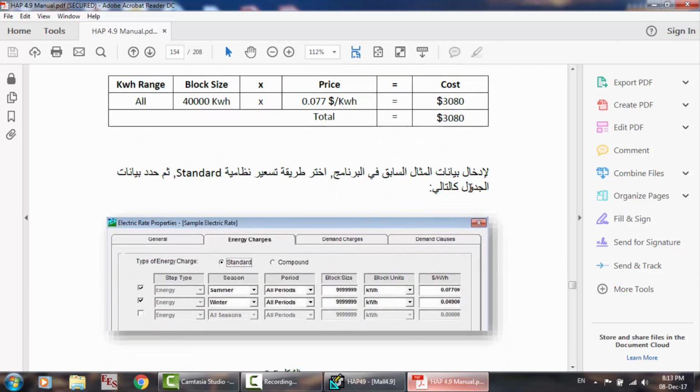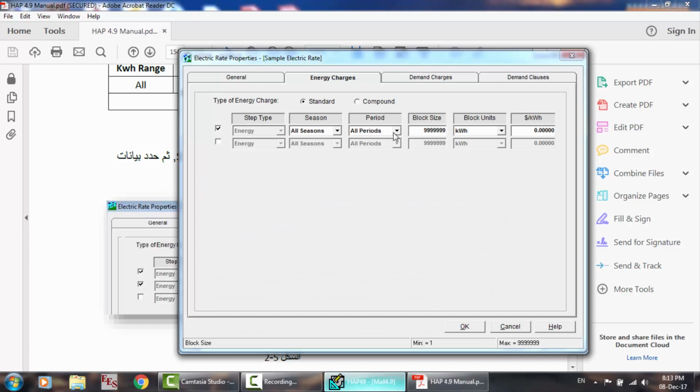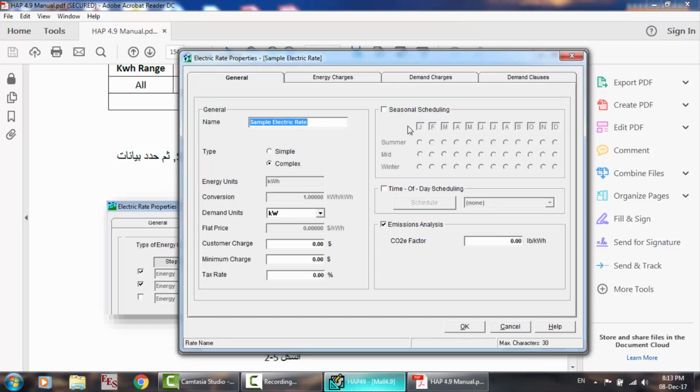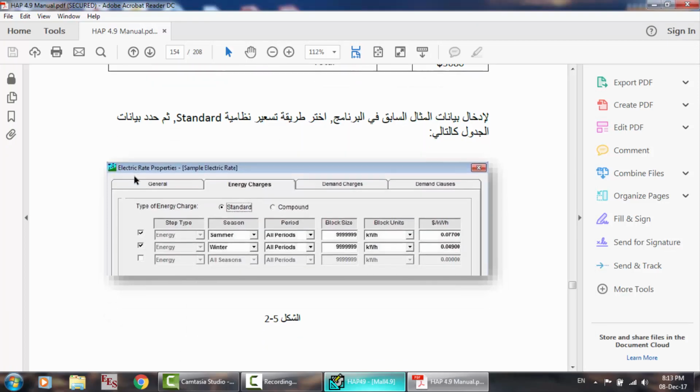So how to do this here? For the summer and winter, here for the summer, all periods, we do not have a schedule for the block size.